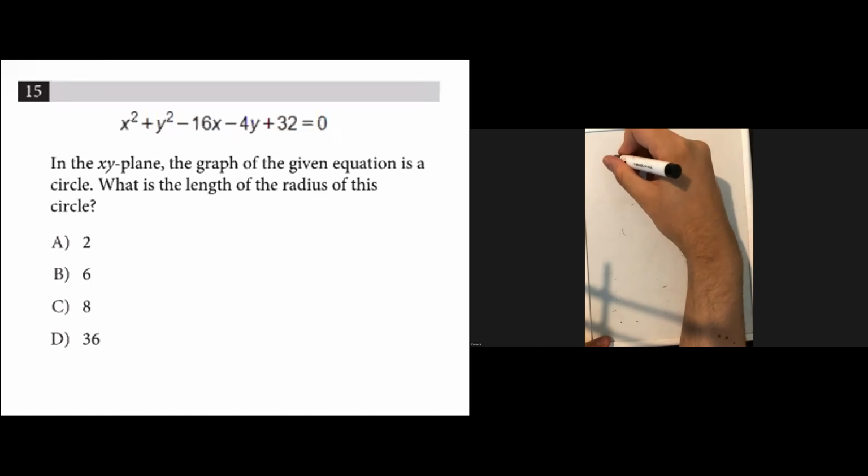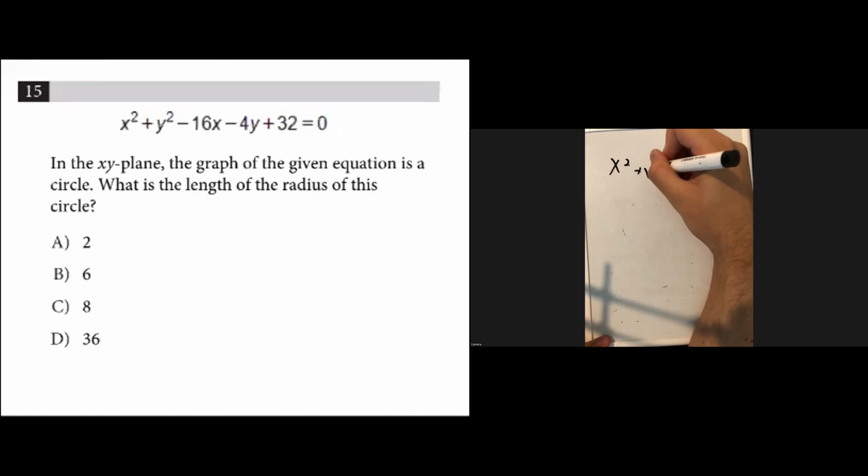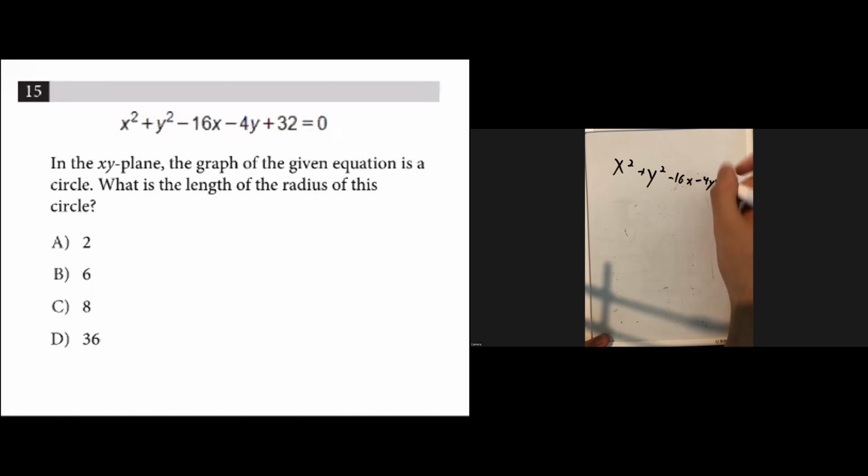Okay, so we have x squared plus y squared minus 16x minus 4y plus 32.